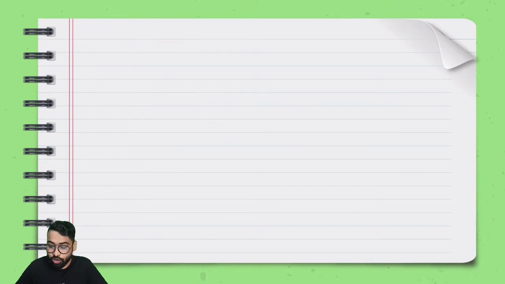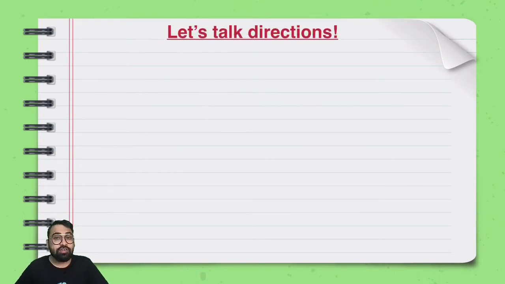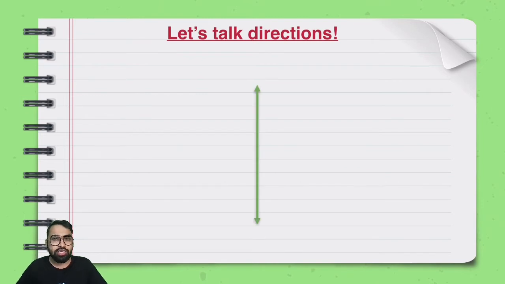Alright, let's move forward. Now the next thing that we have is we're talking directions. I hope everybody knows the basic directions, but still if you don't know, hopefully we can make it more clear for you. So if we have these two directions and these two directions, I hope everybody can say this is north, south, east and west, right? Now if you want more directions, you can call out these directions, right?